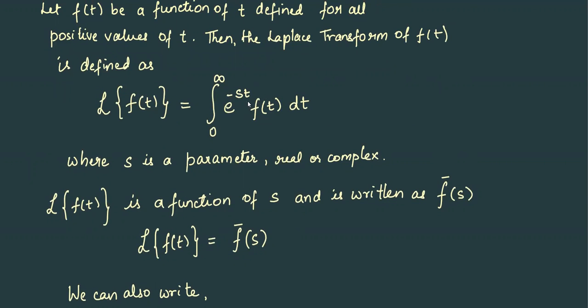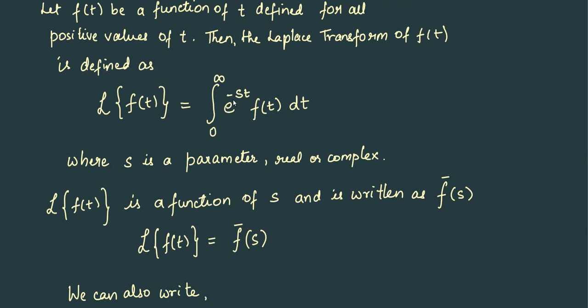So substitute here. If the function is 1, the integral of e power minus st dt is e power minus st by minus s from 0 to infinity. When you substitute infinity, you get 0, provided s is greater than 0.